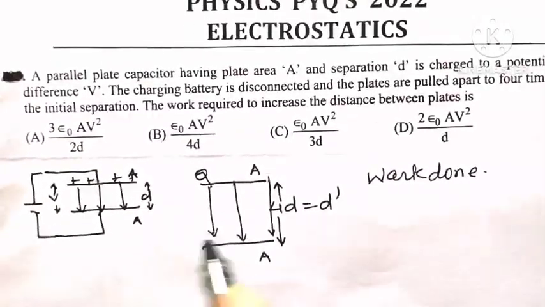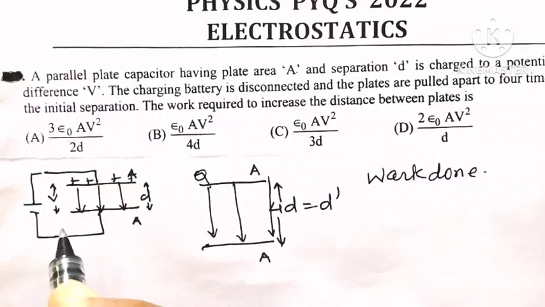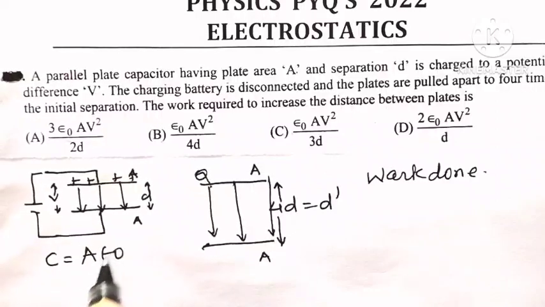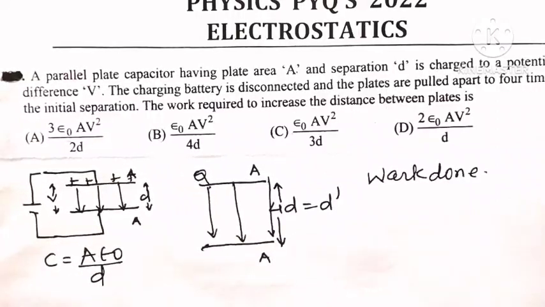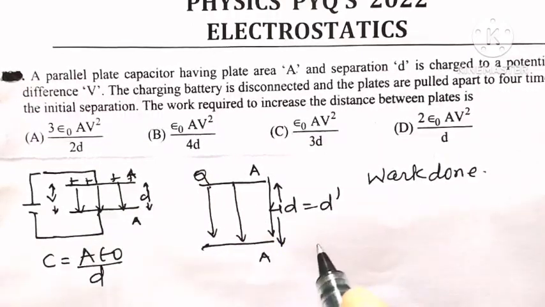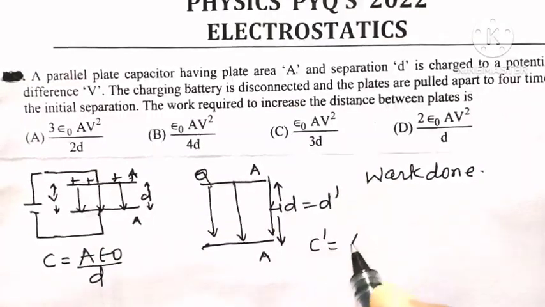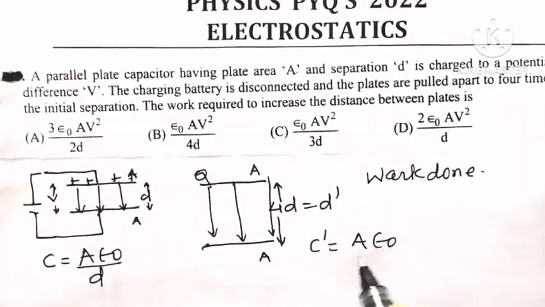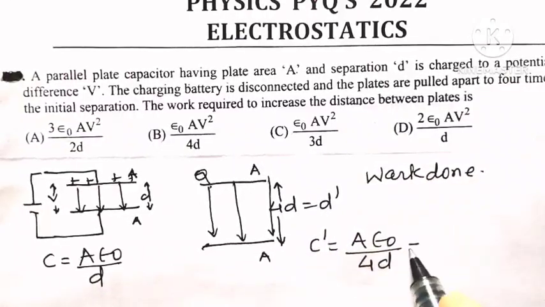So, what is the initial capacity? Initial capacity C is equal to A epsilon 0 divided by d. As far as the new capacity is concerned, C dash is equal to, because the area is the same, A epsilon 0 divided by, what is d dash? d dash is equal to 4d, and that is equal to C divided by 4.